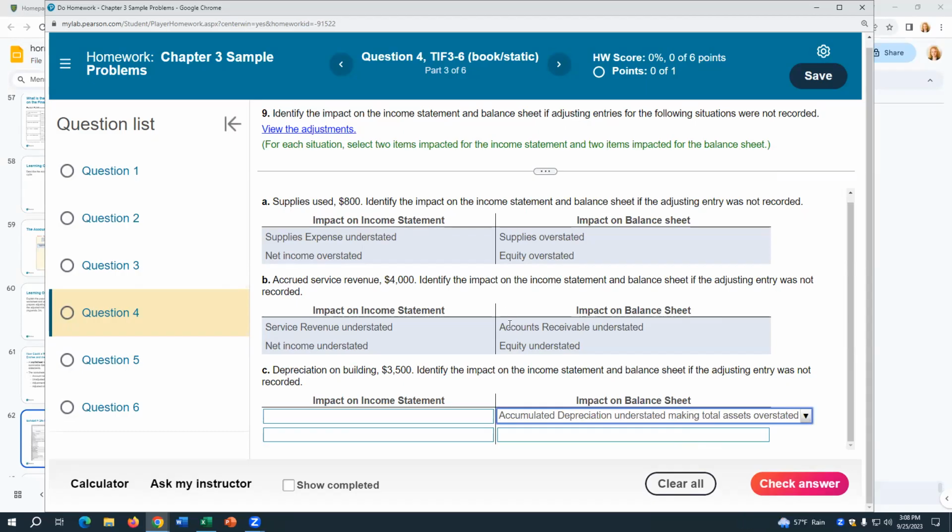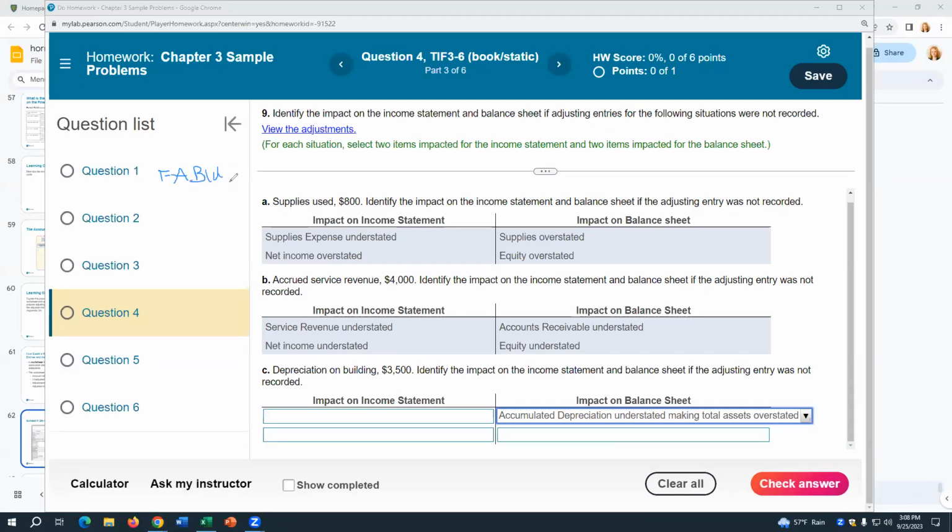All right, so then the flip side of that depreciation entry is depreciation expense, right? So what would be the impact on, huh? Oh, did I put making total assets overstated? That's correct. So if we don't record our depreciation, then let me just show you how this works. We'd have the fixed asset account for the building, right?